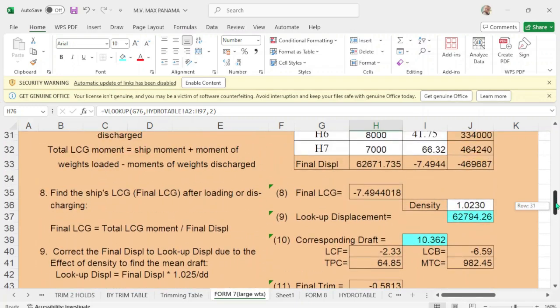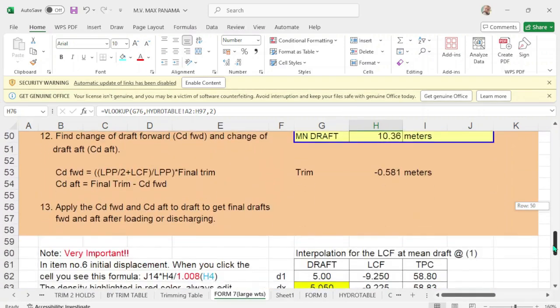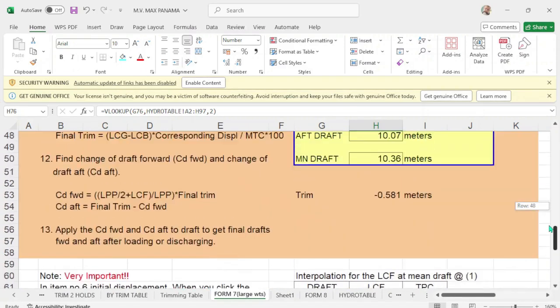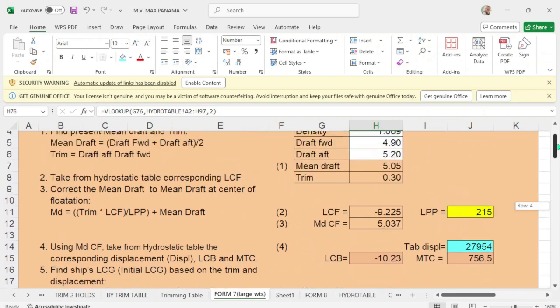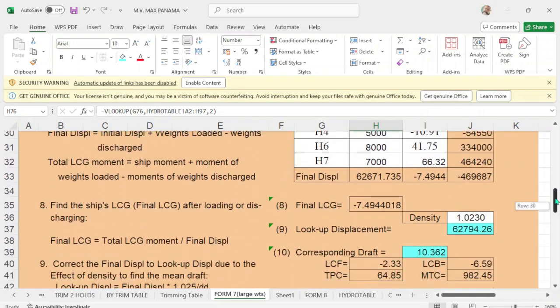Now this is how it goes, guys. The answer to his draft or displacement, how I got this one, is this formula: this displacement times salt water, which is this one.